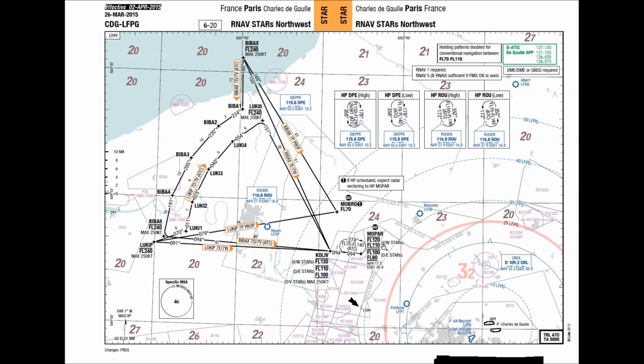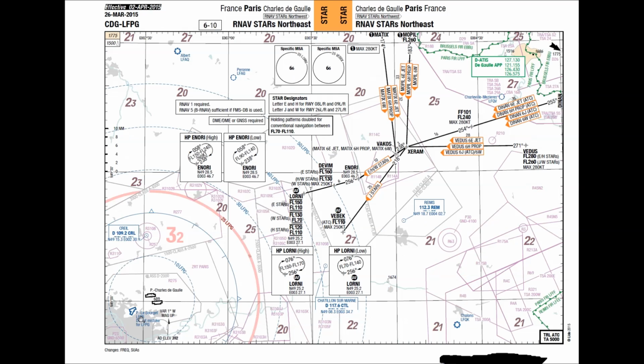So one way to find out is to look at another arrival chart for Paris and find the information there. So that's what we're going to do. This is another arrival chart for STARs from the northeast, and on this chart we have this box of STAR designators, and we can see a letter E for the east facing runways and letter W for the west facing runways.